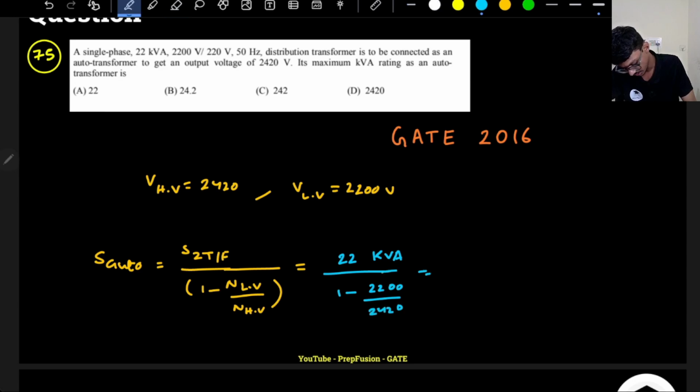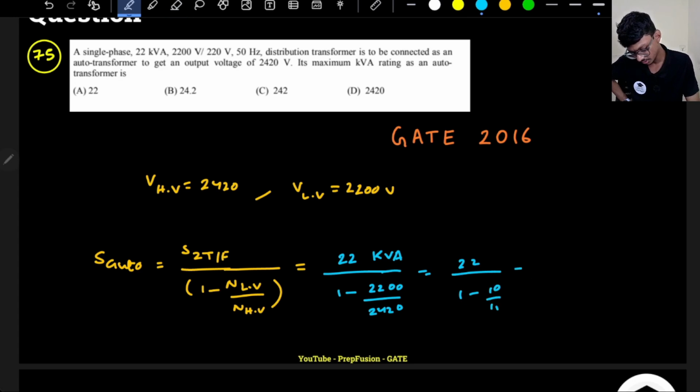So it is basically 22 divided by 1 minus 10 divided by 11. So it is basically 1 by 11. So 11 into 22 will give me 242, okay.